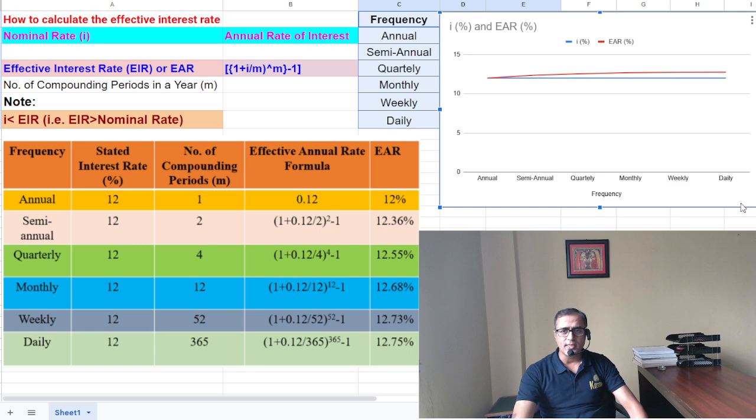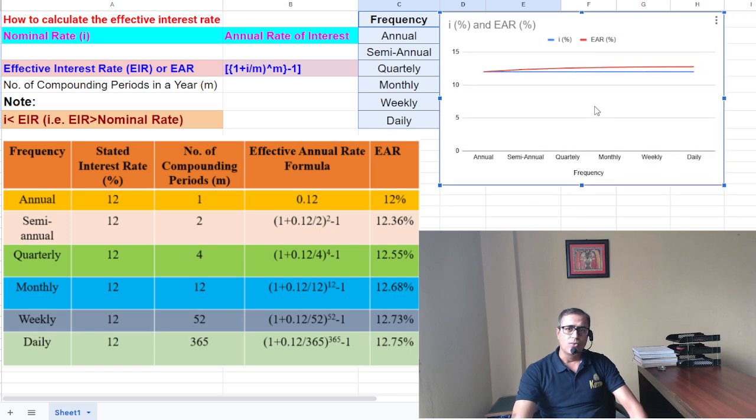You can see here, friends, that for the nominal rate we have 12%, and it looks like a fixed cost line, right? But in the case of the effective annual interest rate, it keeps on increasing, right? That is the basic reason.